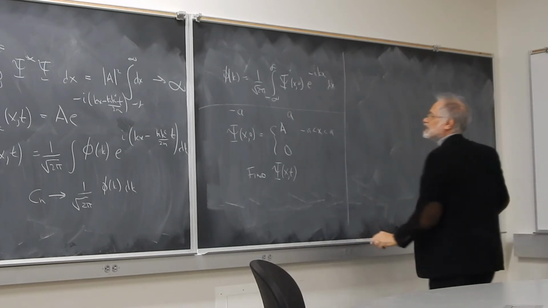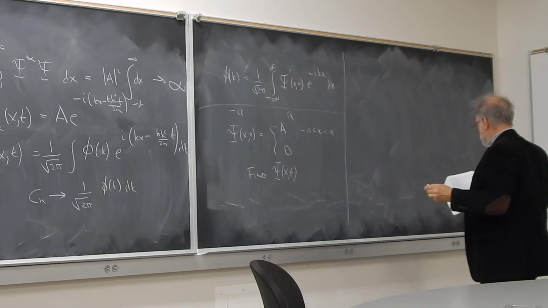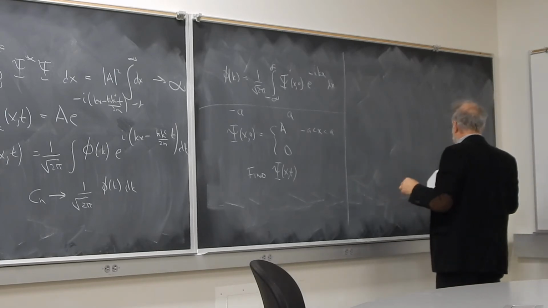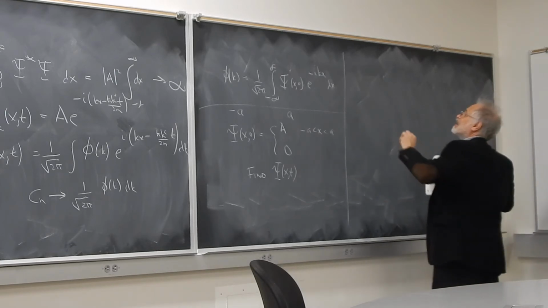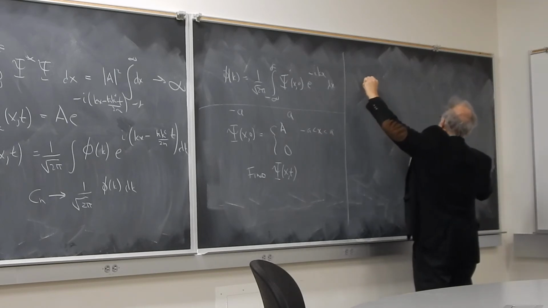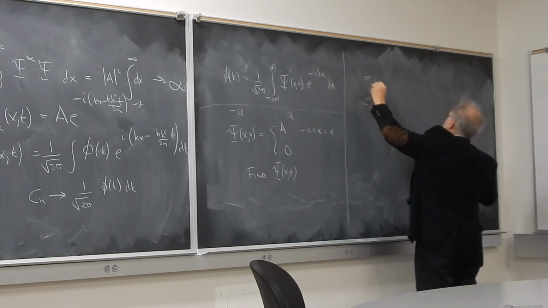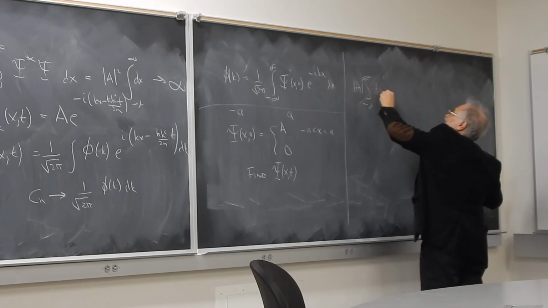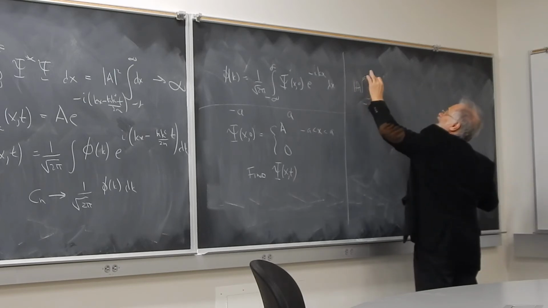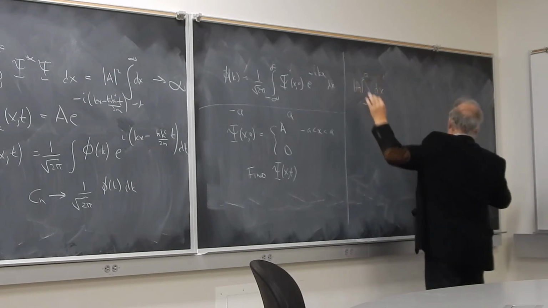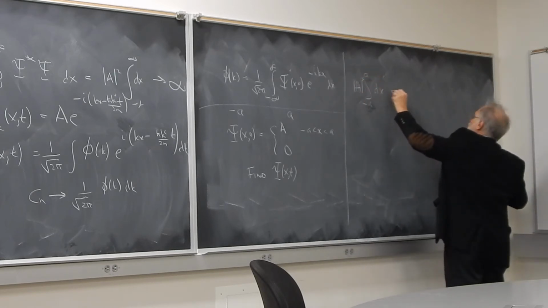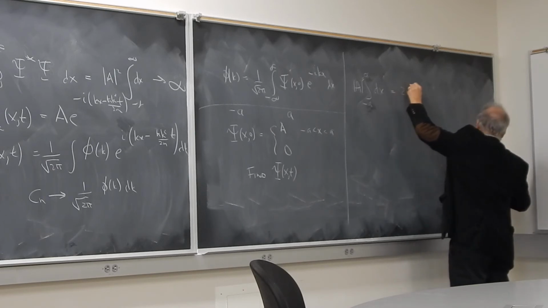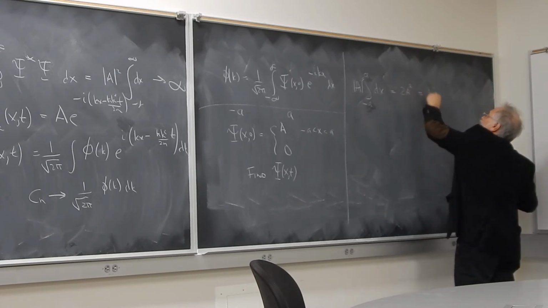What do we do? First, let's normalize psi of x and 0. To do that, I can say the integral from minus infinity to infinity of A squared dx, and actually we're only going from minus a to a, that's the only place it can exist, is equal to 2a A squared, which is equal to 1.